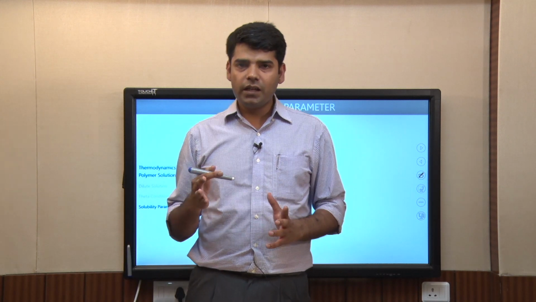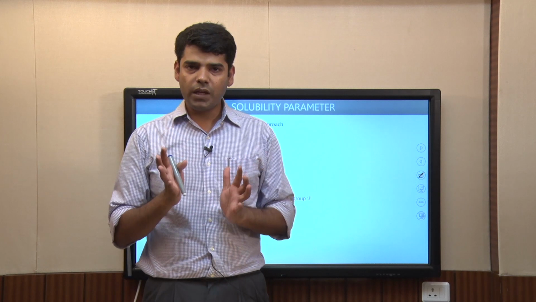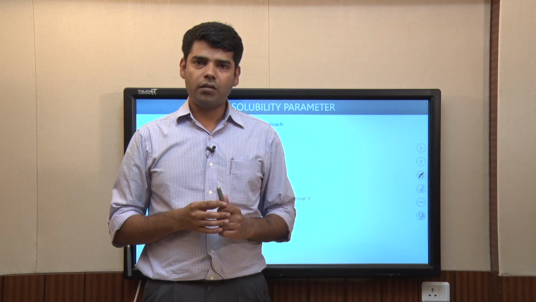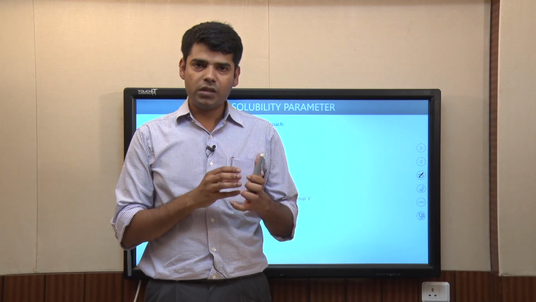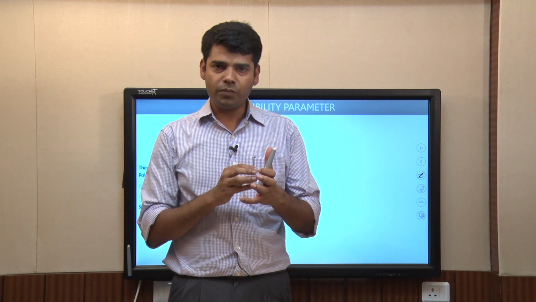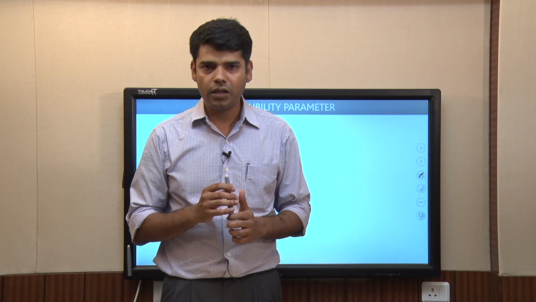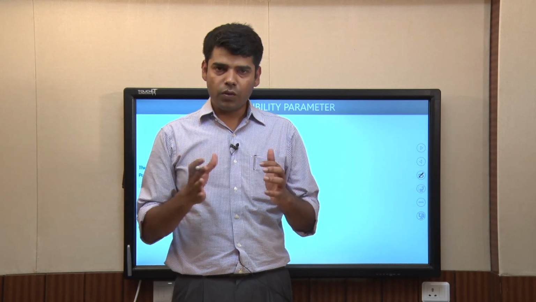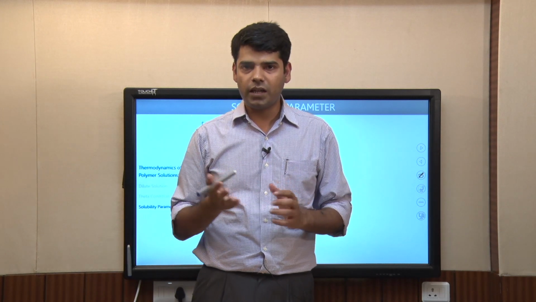This additivity approach basically assumes that the overall behavior of the molecule can be described by considering the contributions from the individual subgroups that constitute the bigger molecule. Their contributions can be added together to get the effect for the entire molecule.